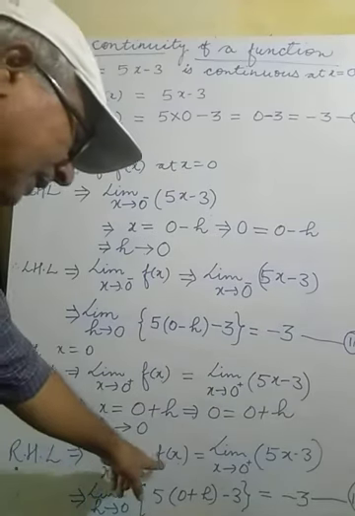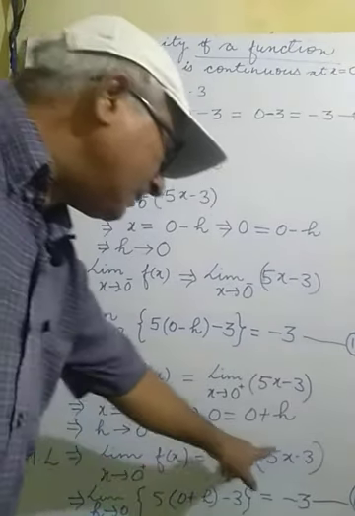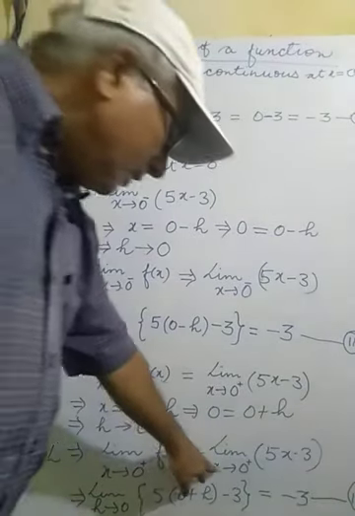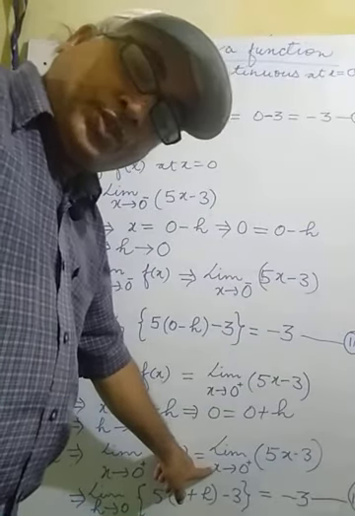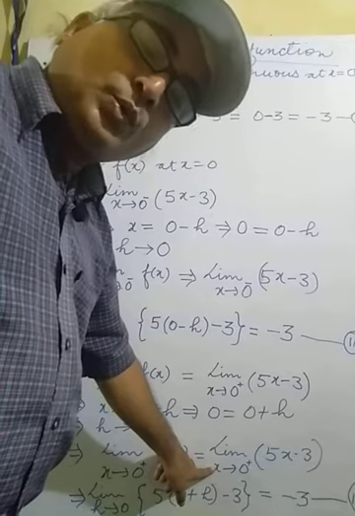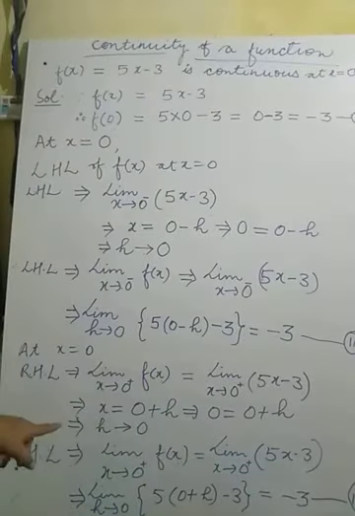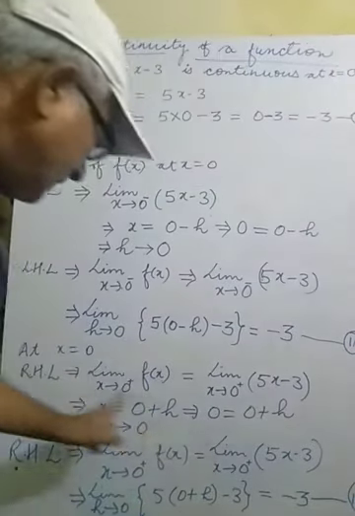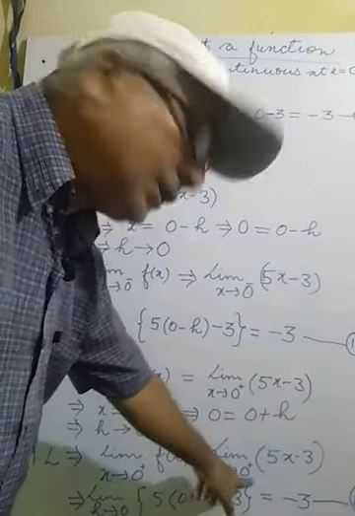Right hand limit of the function equals limit x extends to 0 plus, and f(x) is 5x minus 3. Now this limit will be changed here. In the place of x, it will be noted down h, because h is extending to 0, as we have calculated here h is extending to 0. Now in the place of x, h is extending to 0 as h equal to 0. So here you have to note down h extends to 0.